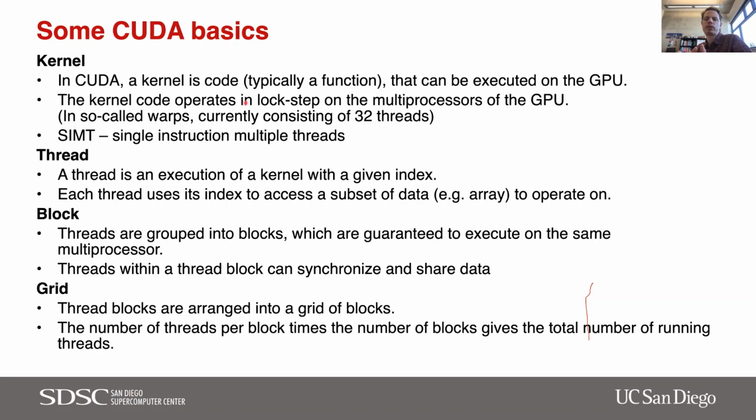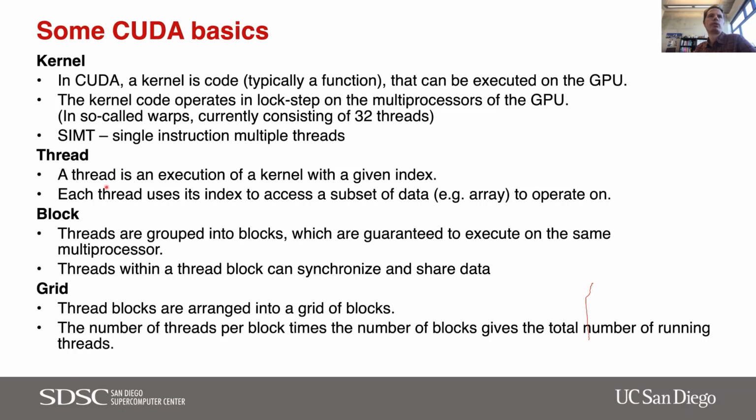So it's going to be launched by many threads. All the threads are going to run the same kernel in what is called a SIMT fashion, single instruction, multiple threads, with a single instruction being executed by multiple threads. And that happens in multiples of 32, both on NVIDIA and AMD hardware actually. So the hardware works pretty similar.